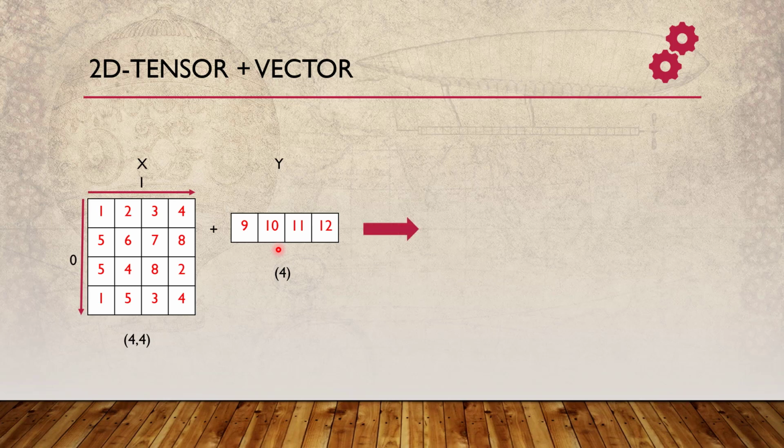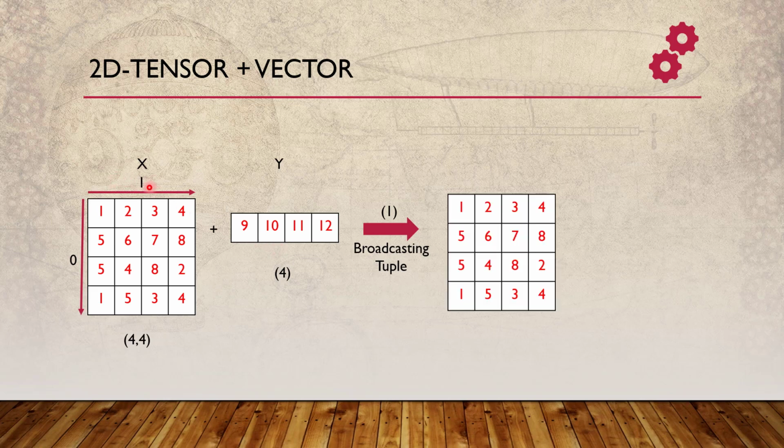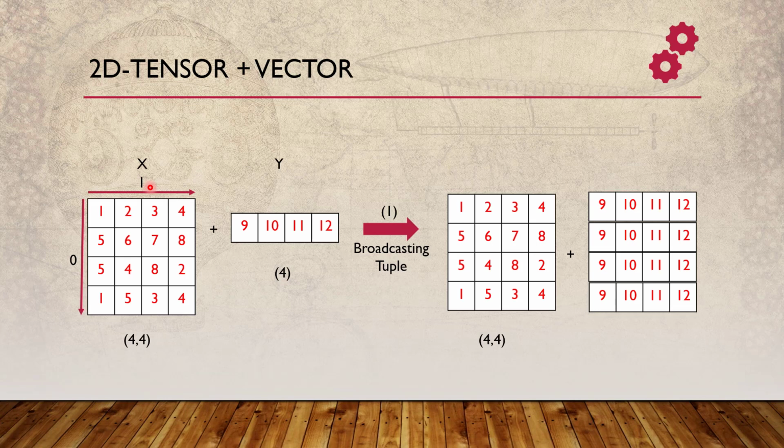The first thing, as we have seen previously, is to do the broadcasting based on dimension 1. So my x will be as is and my y will be stacked vertically, because dimension 1 has 4 columns.